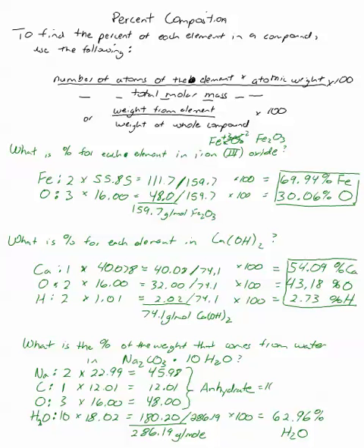Well, we would just take 100 minus the 62.96, and that would give you what percent came from the other stuff in the compound, which the other stuff is your anhydrate. And so the other stuff, which is your Na2CO3, is your anhydrate, and that is 37.04% of the weight came from your anhydrate.